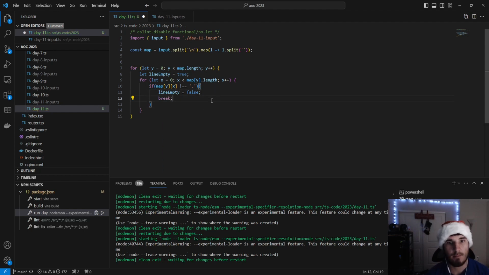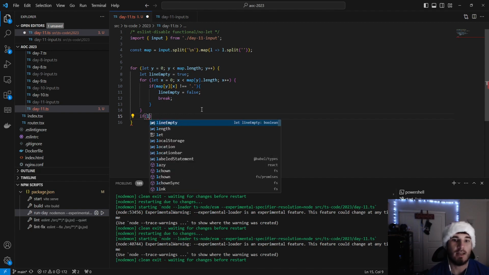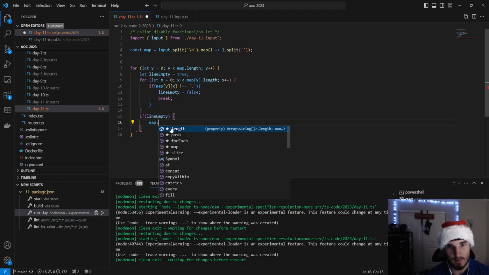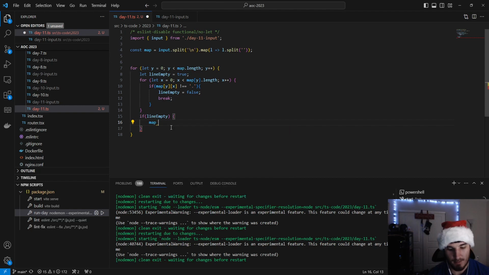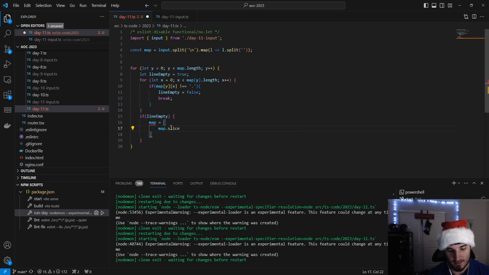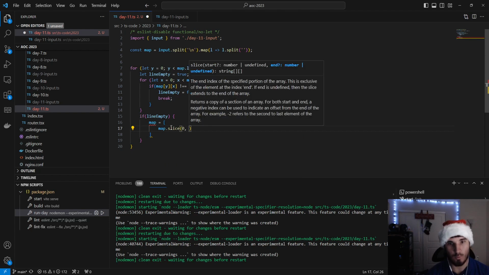And break, and then do a check here: if the line is empty, go ahead and do map equals map.slice from 0 to y.